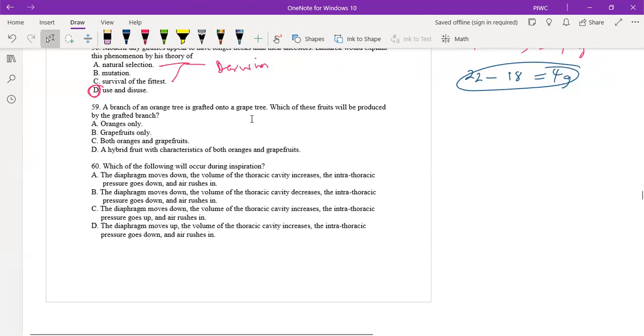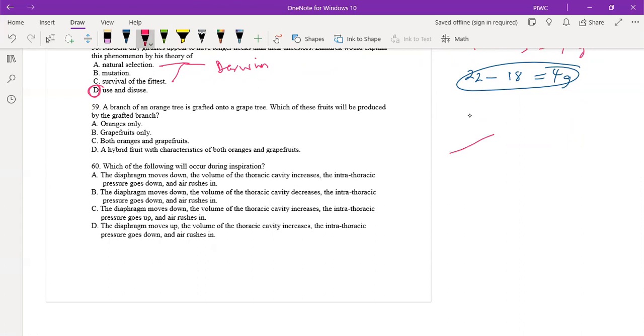Okay, 59. I want to hear your answer for 59. I always take a poll on that one. A branch of an orange tree is grafted onto a grape tree. Which of these fruits will be produced?